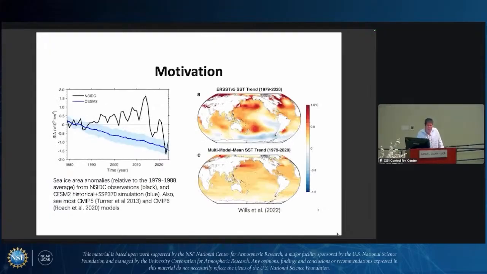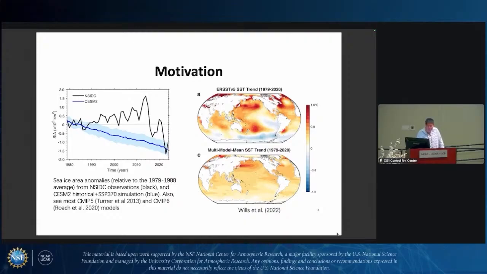Okay, so the motivation of this study. The left panel shows the observed Antarctic sea ice area from satellite, basically the black curve, since 1979 to recent years. So you will see a very robust sea ice expansion before 2015, and afterwards we have a sea ice decline. On the other hand, if we look at climate models, we will see most models simulate a sea ice decline through the whole period.